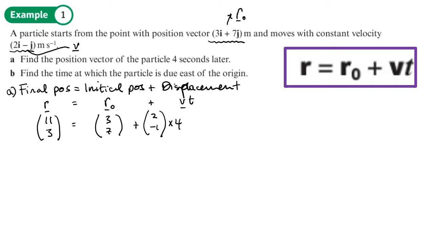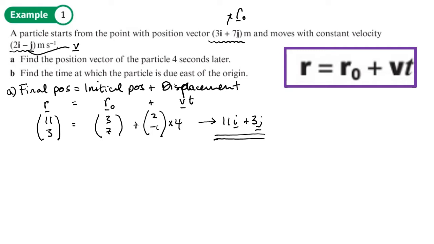Let's write it as i and j. So this final position, the answer they want, is going to be 11i plus 3j. And that's just going to be its position.